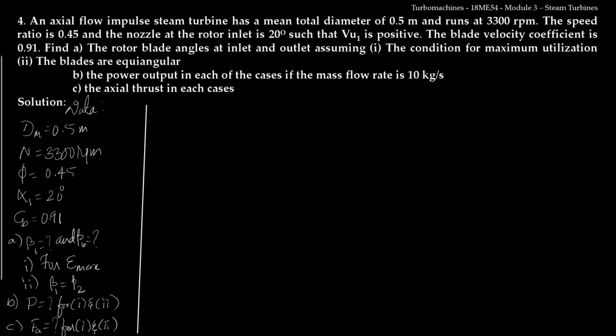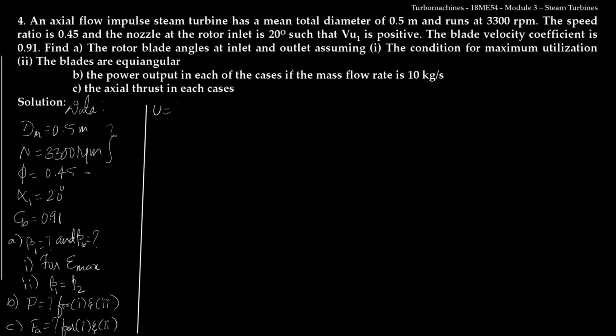Now, let us find out the velocity required, that is u. So, u can be calculated with the help of these 2 data, that is mean diameter and the rotational speed, and to calculate V1 we have to use the speed ratio, that is phi. So, first let us calculate u.